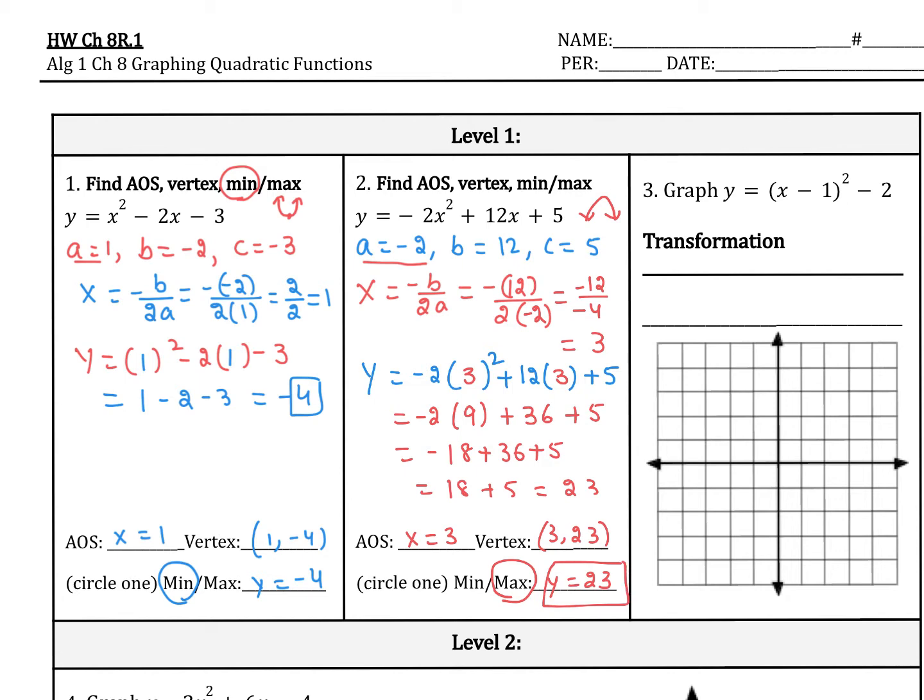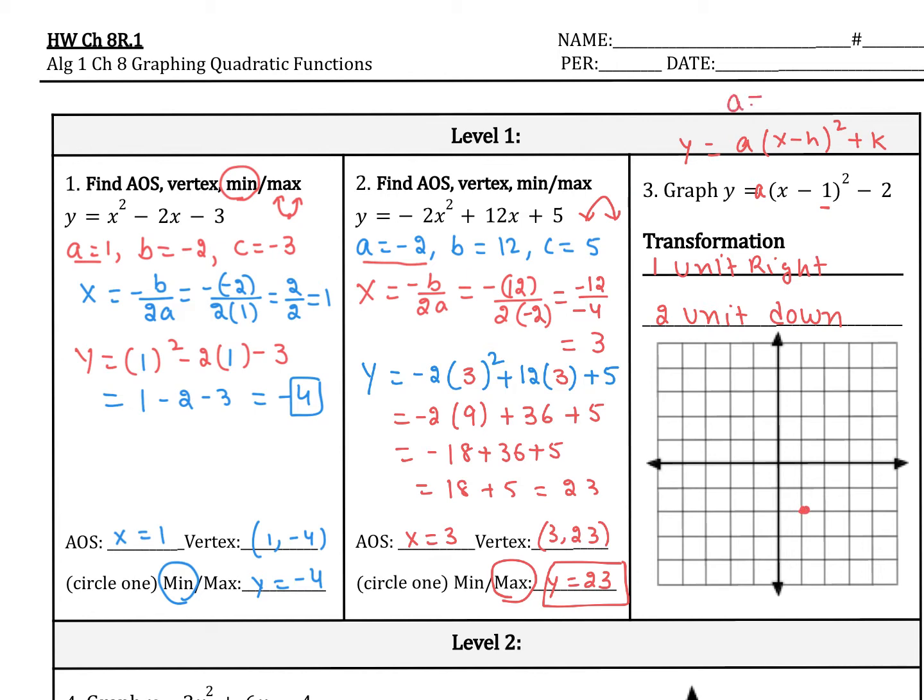For number 3, this is in the form of a times x minus h squared plus k, where you're going to move this 1 unit right and 2 units down. So 1 unit right and 2 units down is this point right here.